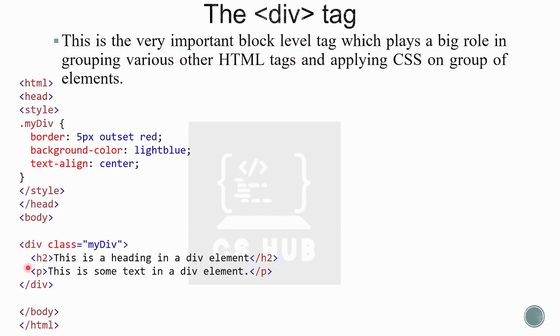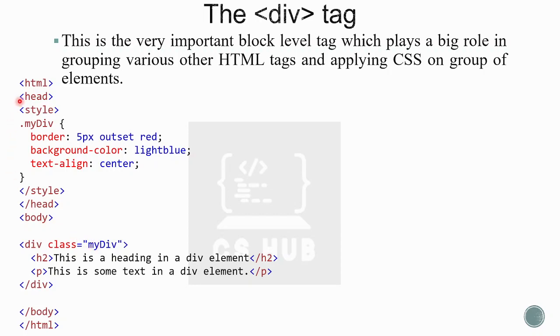Here, in this example, under this div tag, there comes a heading and a paragraph. So these are coming under this div with a class name, class equal to my div. Then when we apply style to my div, all that will be applied to this heading and this paragraph also. My div is a class name of the div.